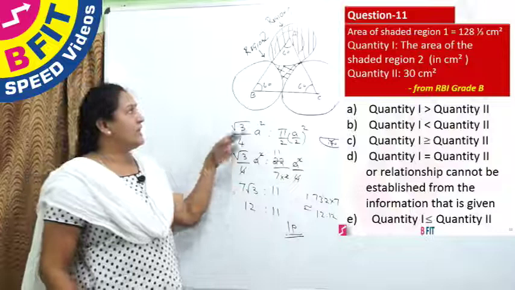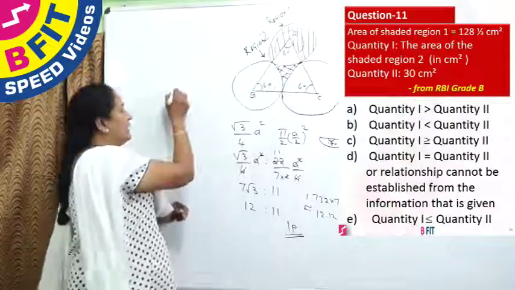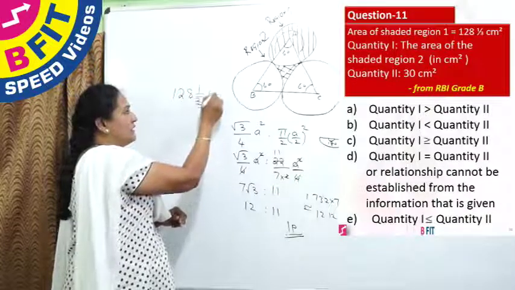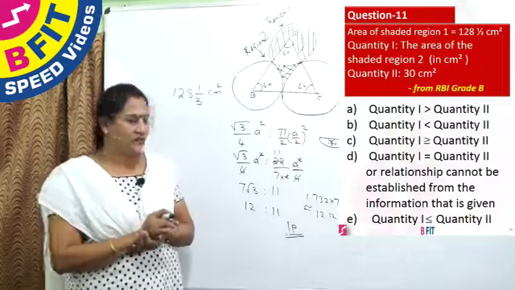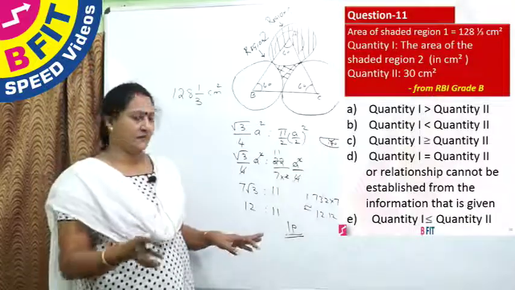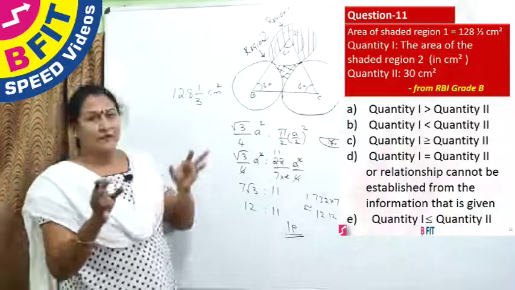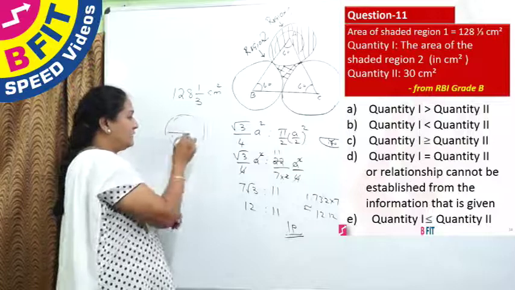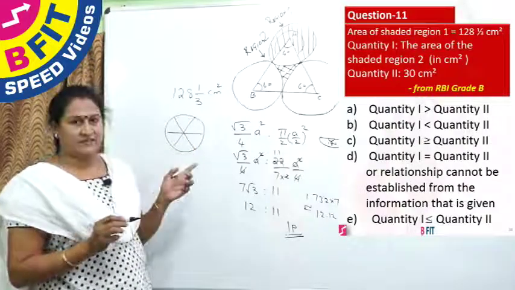In the question they have given the area of region 1 as 128 1 by 3 centimeter square. With this we can calculate the area of the semicircle, which is 11 parts. After getting 11 parts we can easily find the value of 1 part. Now in a circle, with a sector angle of 60 degrees, we can draw 6 such sectors.